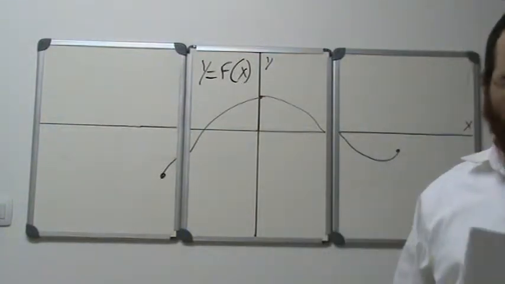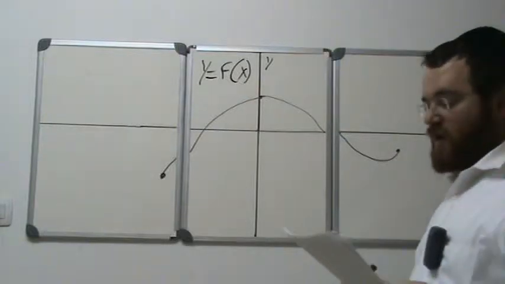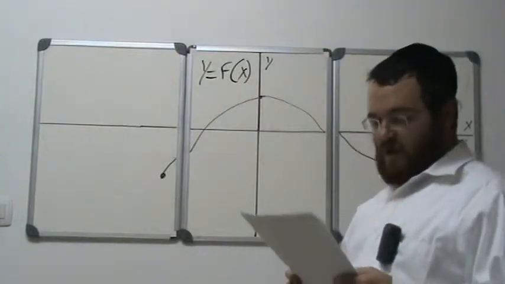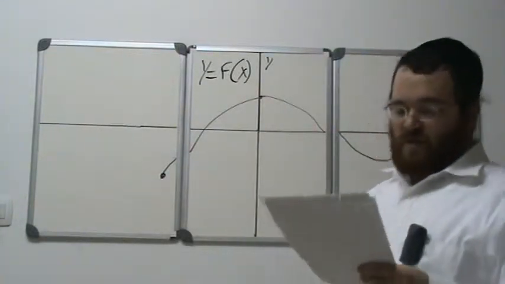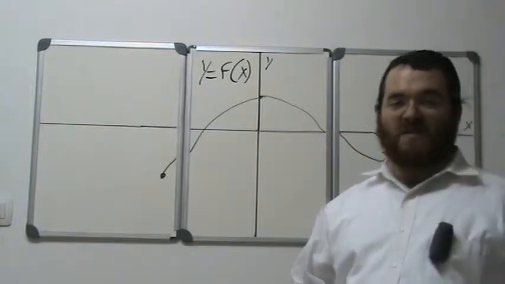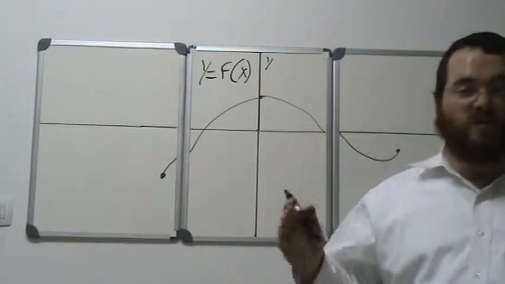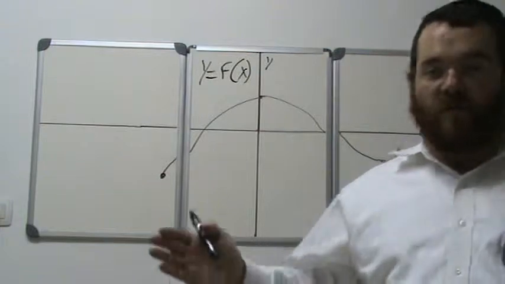Question 32. The graph below represents y is equal to a function of x. State the domain and range of this function. Well, domain is x, because x you usually pick any variable for.